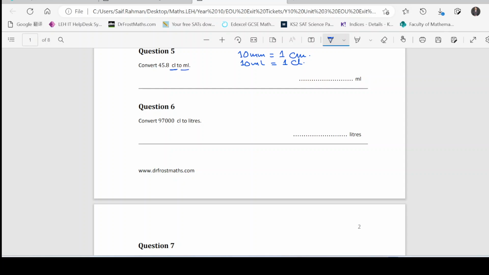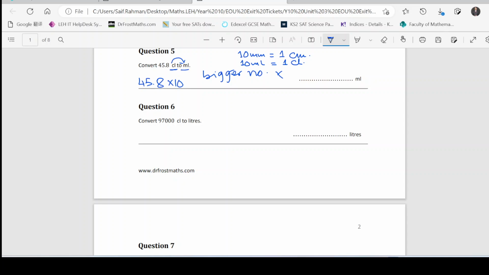So to make a bigger number, we have to multiply. 45.8 times 10, because 10 milliliters is equal to 1 centiliter, and that gives us 458. There's 1 zero, so we move the decimal place just 1 point towards the right.